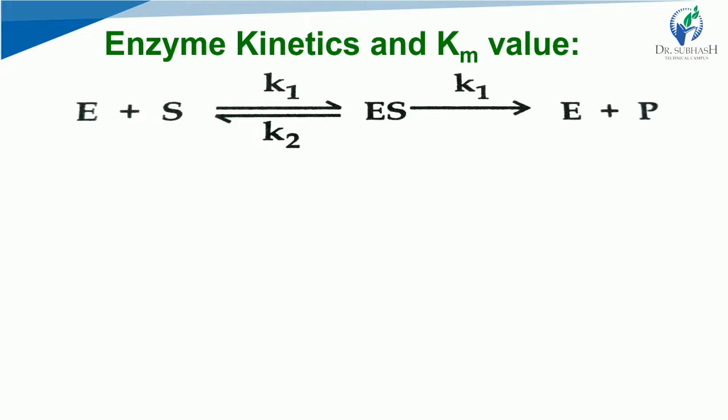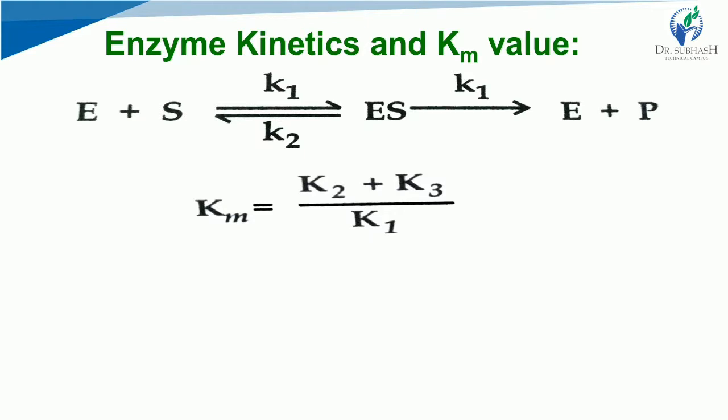So basically these are velocity constants for the respective reactions. Now, the second equation here: Km is equal to (K2 plus K3) divided by K1, the Michaelis-Menten constant.